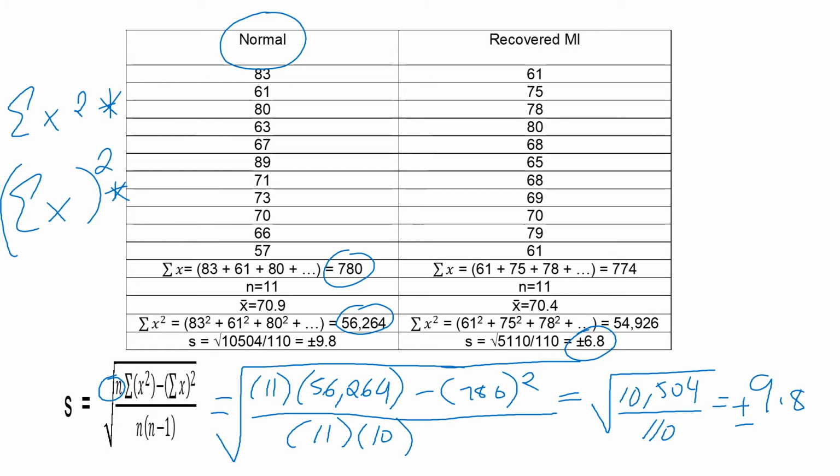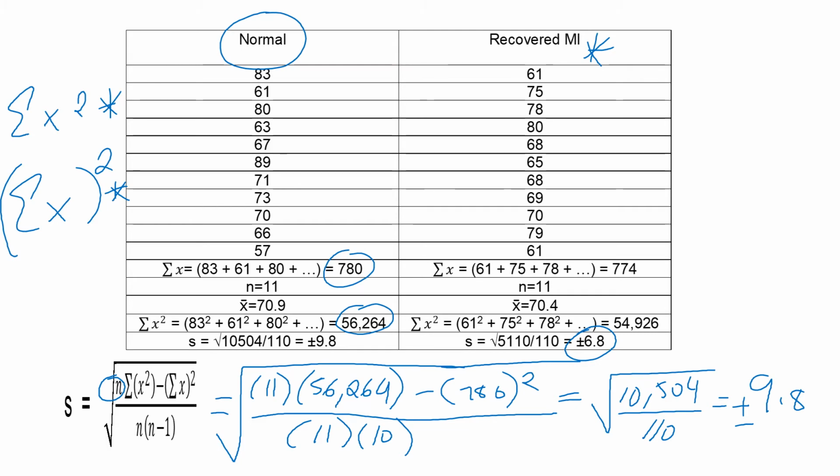It tells you that for the group of men that have recovered from that heart attack, those 11 data points have a standard deviation lower compared to the other group. That tells you that the data points for this group are closer to the mean compared to the data points from the normal group on the other side.